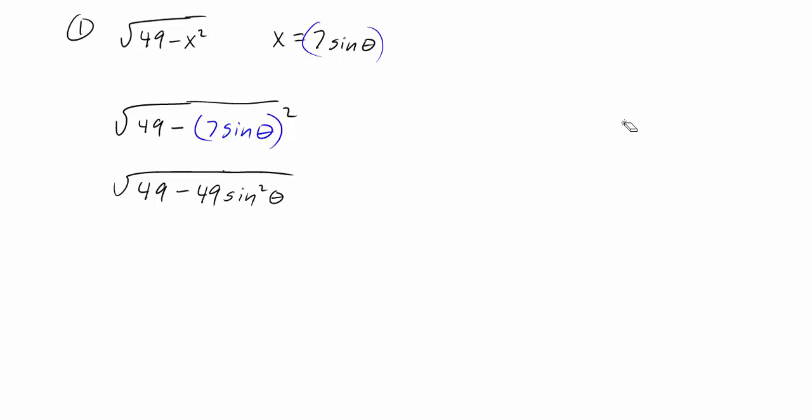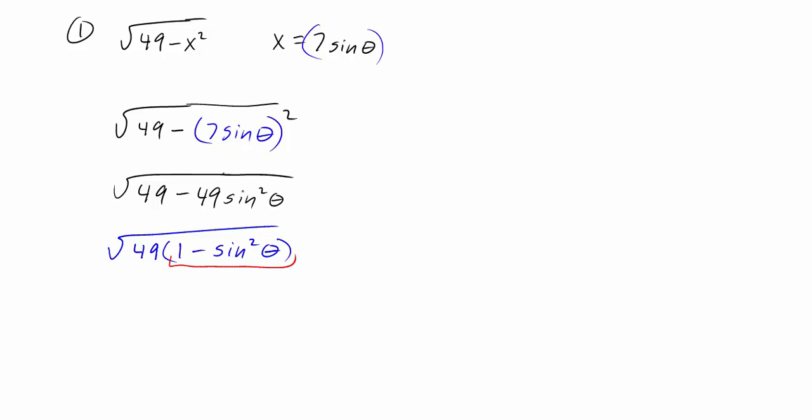Over here we have the subtraction, so what we're going to do is factor out the 49. We have 49 in each piece, so if we factor out a 49, we'd be left with 1 minus sine squared theta. Once again, this looks like a Pythagorean identity, which is sine squared plus cosine squared equals 1.